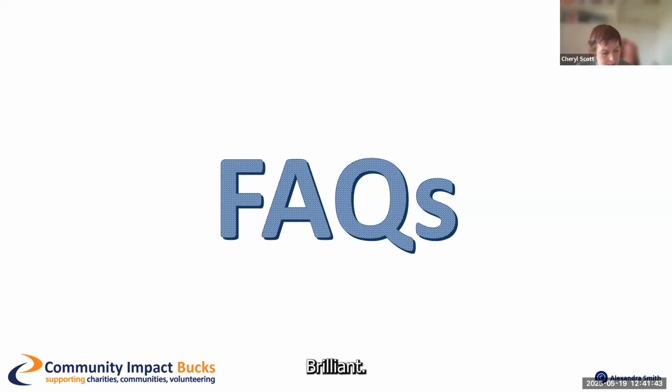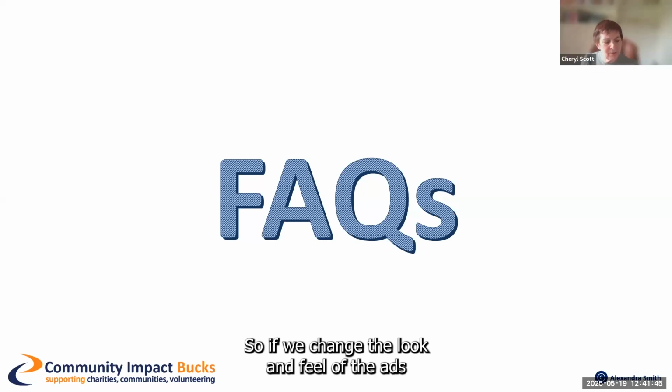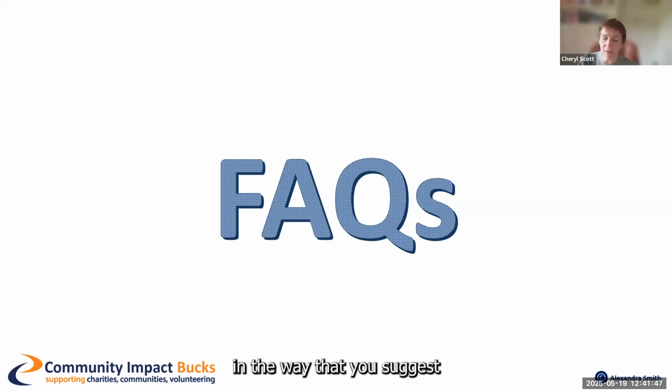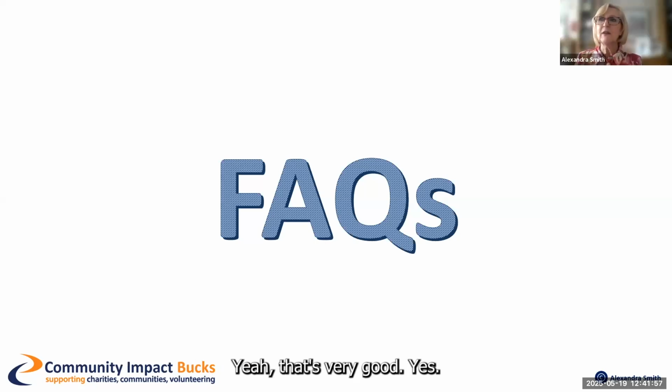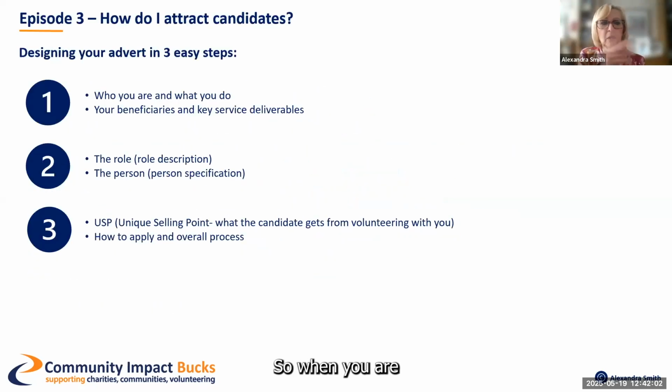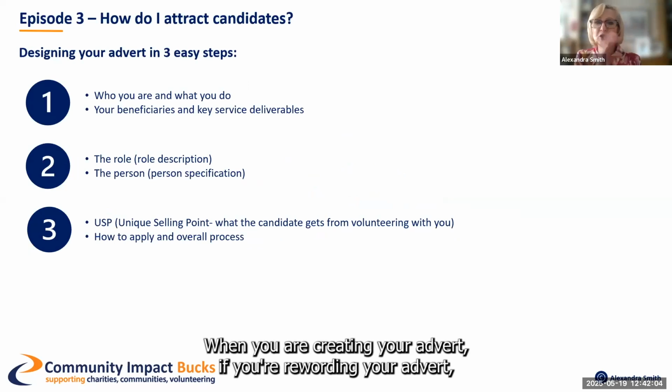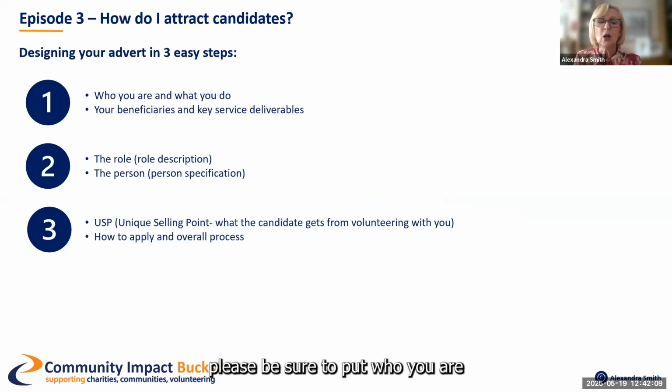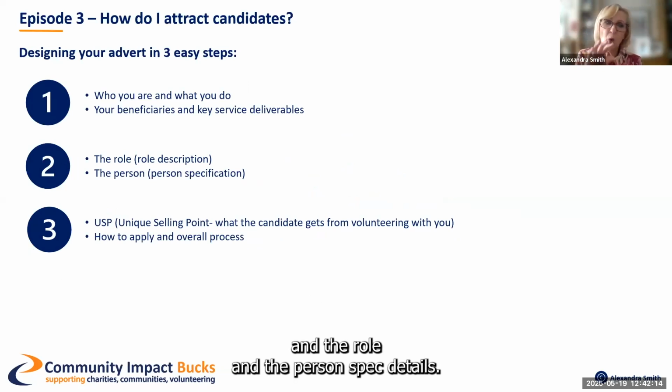That's brilliant. So if we change the look and the feel of the ad in the way that you suggest, are there any key messages that we always need to keep up front? Yeah, that's very good. So when you are creating your advert, if you're rewording your advert, please be sure to put who you are and the role and the person spec details.